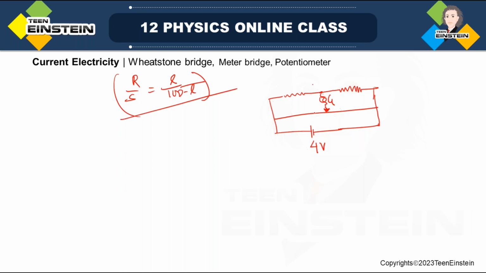Okay, suppose this is point D, this is B, as you know, this is A and this is C. The battery is connected between A and C. What is given is that this is X, the unknown resistance, and this is R, given as 2 ohm.